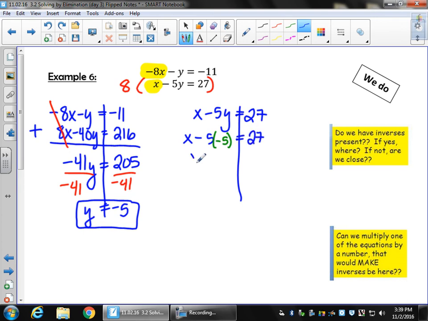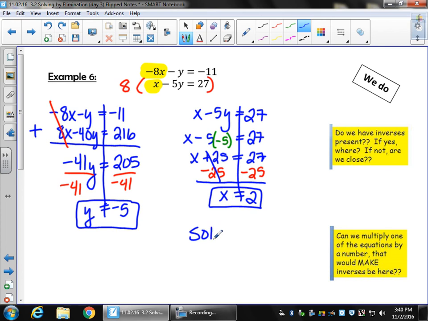This becomes x plus 25 equals 27. Subtract 25 from both sides. x equals 2. And I'm done. My solution is 2, comma, negative 5.